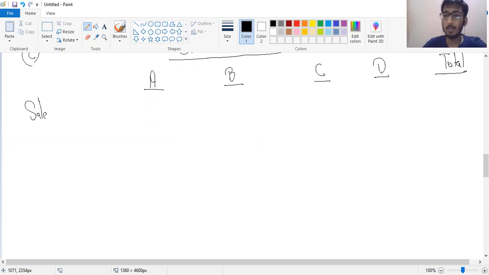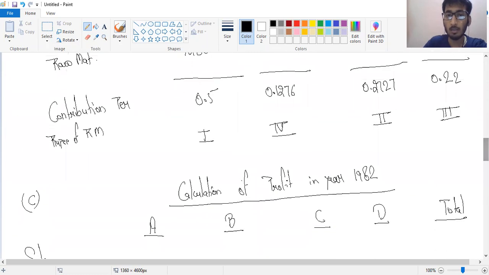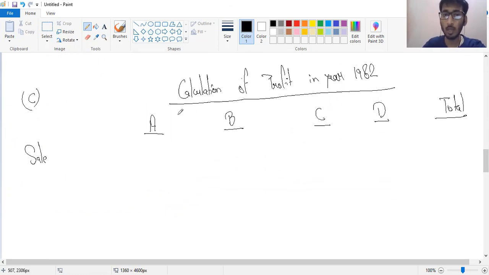Okay. Since what is the ranking given to us? Basically, the ranking is you should produce A, then C, then D, and then B. Or I can say you can produce A in the maximum, C with the maximum, then D, then B. So let's calculate what should be the sale value and what should be the raw material price.